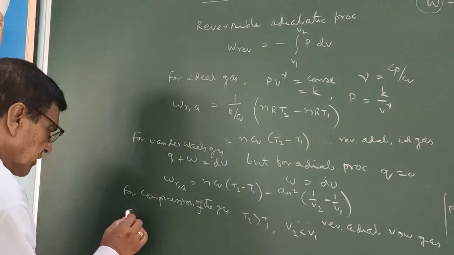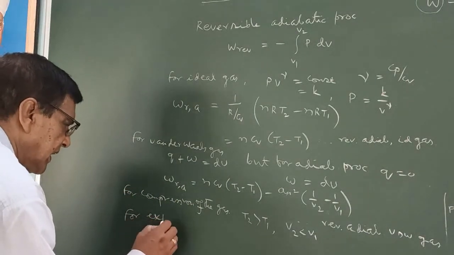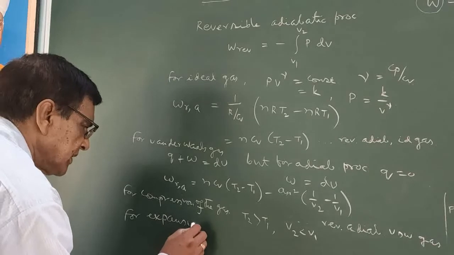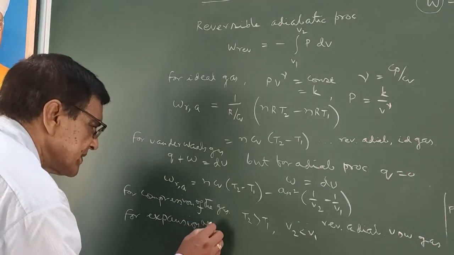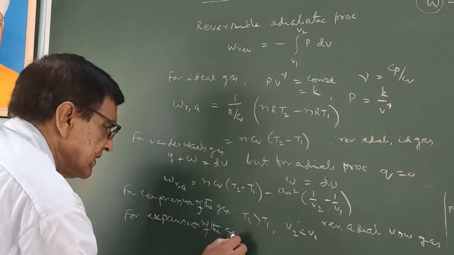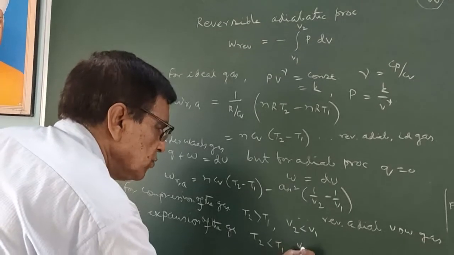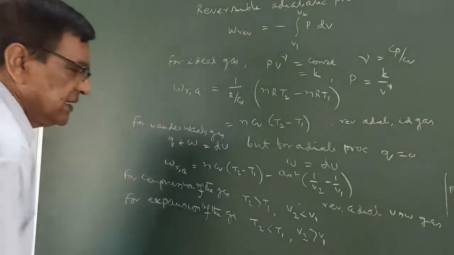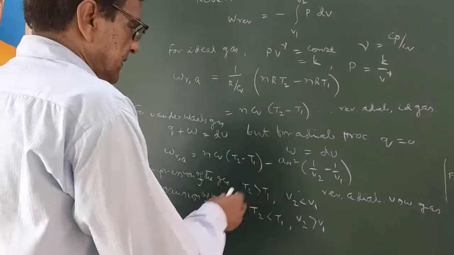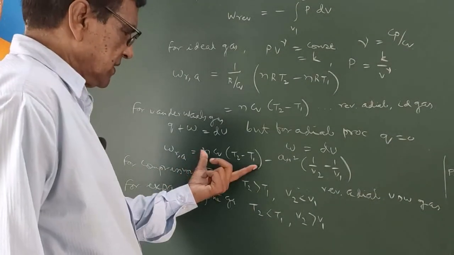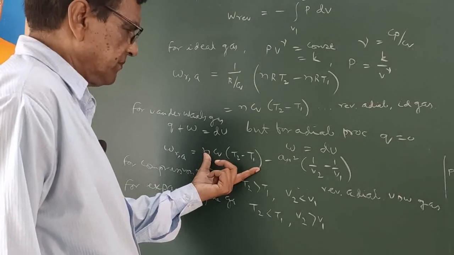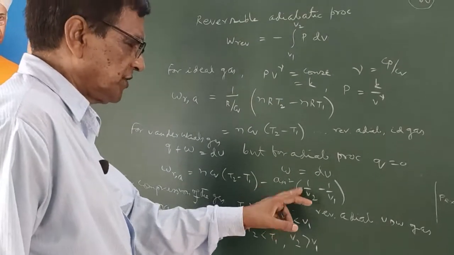And for the expansion of the gas, that is T2 is less than T1 and V2 is greater than V1. So in this case, this one is negative and this one is positive.